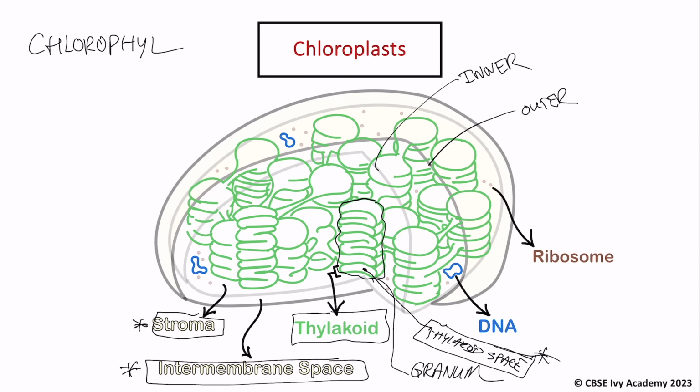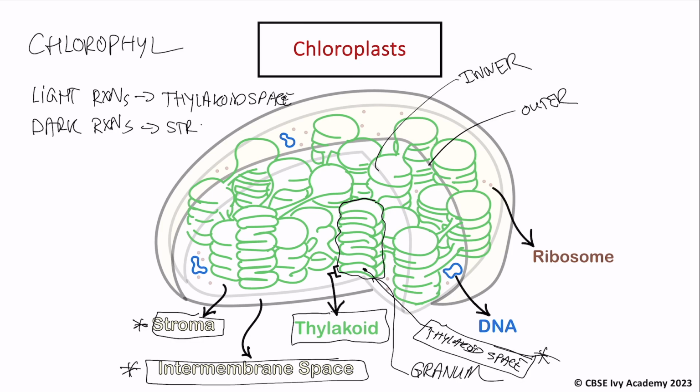Okay. Now, in photosynthesis, you have light reactions and dark reactions. That's what they're referred to as, light reactions and dark reactions. And what you should know is that the light reactions occur within the thylakoid space, and that the dark reactions occur in, I believe, the stroma.